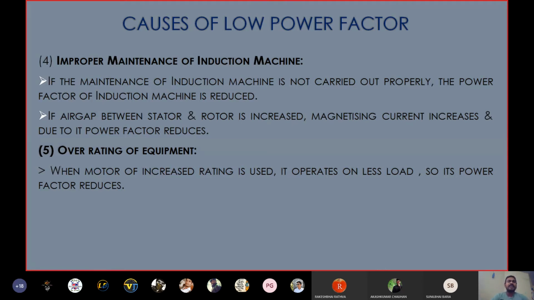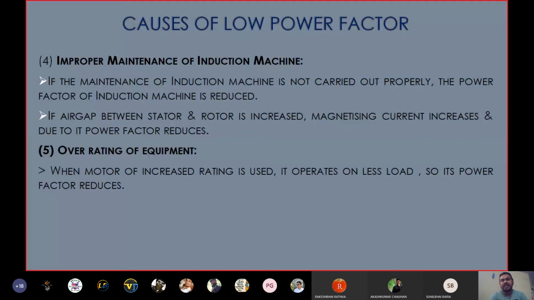For example, if we take an induction machine, there is an air gap between the stator and rotor. If the air gap is increased, if it is not maintained properly, then the magnetizing current increases.